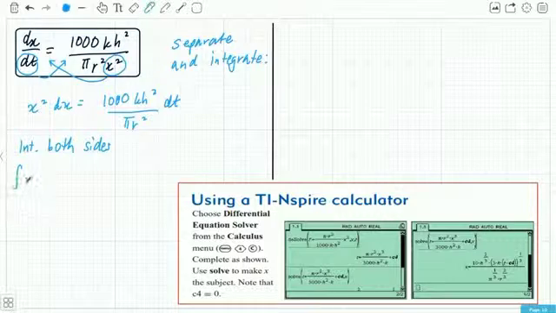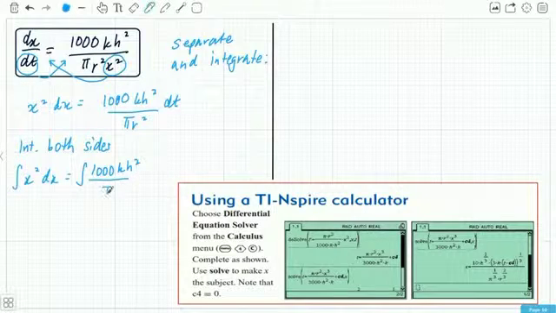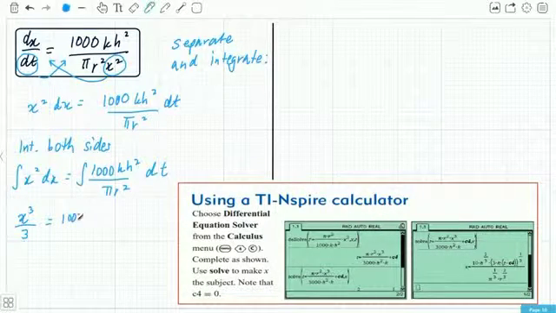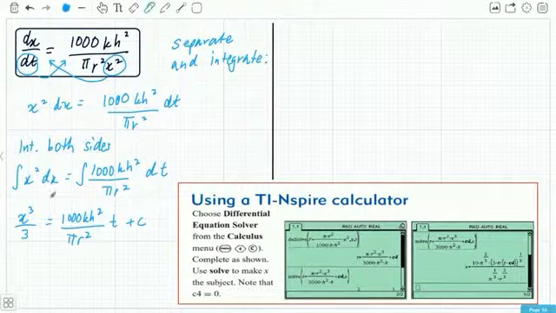So we have integral, all we have to do is simply add an integral sign to each side, because we've already got the dx and the dt that we need. Integrating, we get x cubed on 3, which equals 1000kh squared over pi r squared. Remember, this is all a constant, and because we're integrating with respect to t, this will become the coefficient of t plus some other constant.